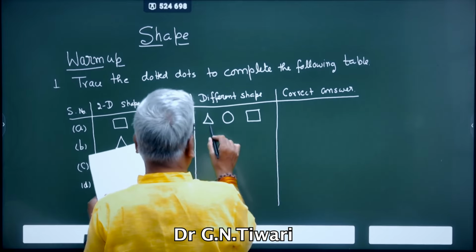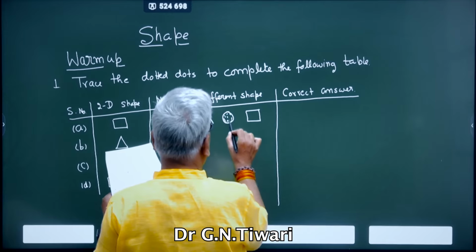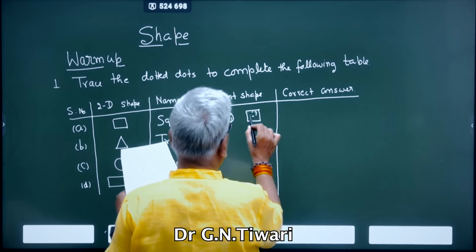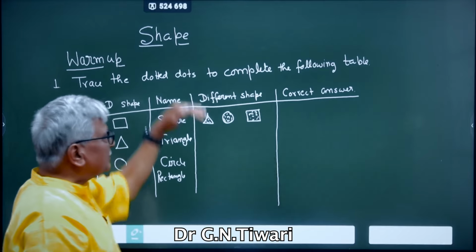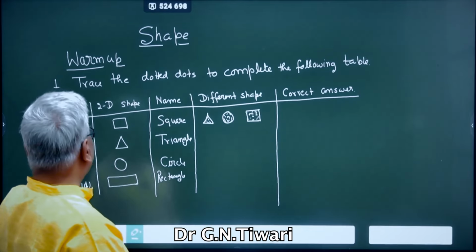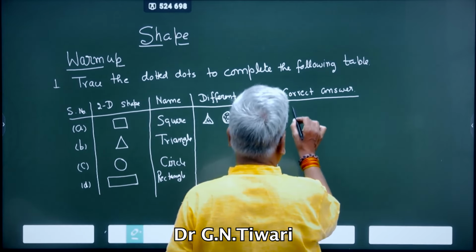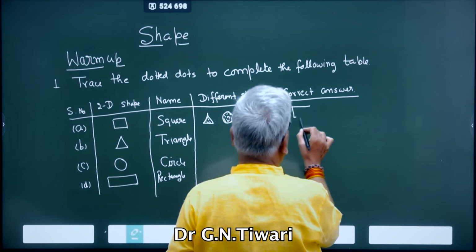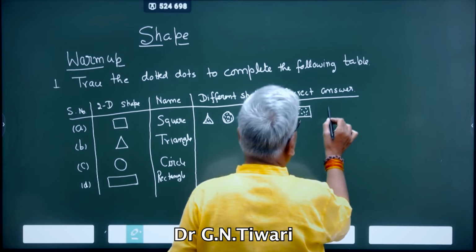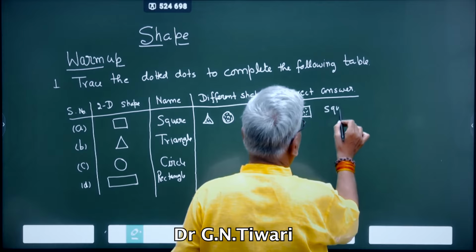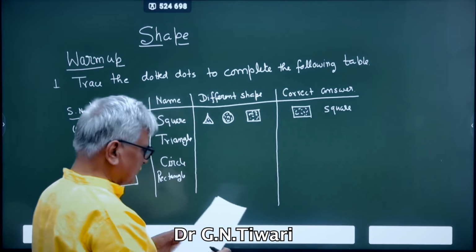Why I have said dotted means I am just here putting that all these things. I will hint one thing, that out of three, which one is the square? So the answer should be given, this is the correct answer. And here they should write square. Similarly, the student should answer the other things.